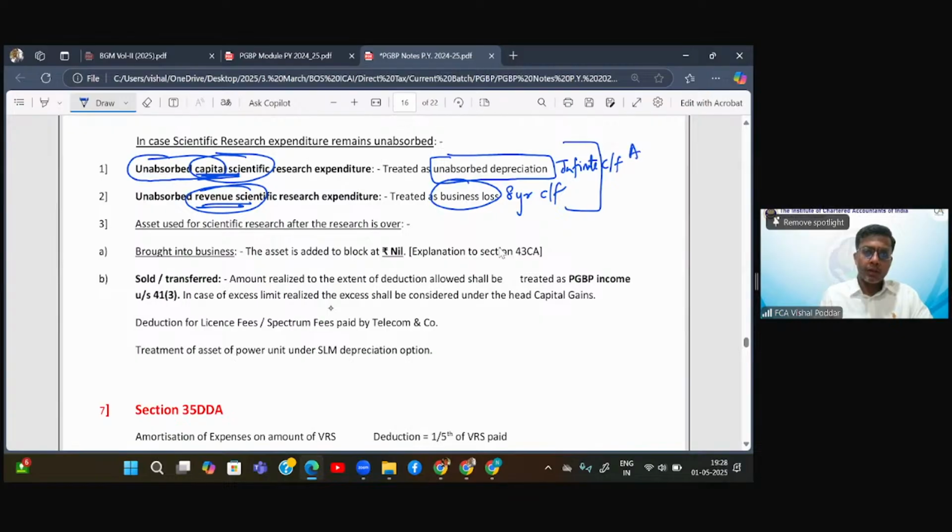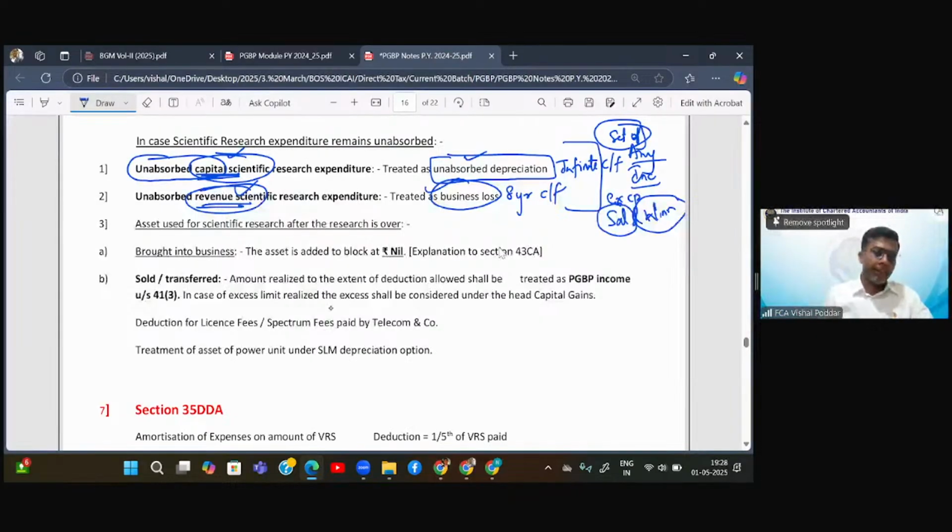You can set off both against any income except salary and winnings. So whether capital scientific or revenue scientific, that is, unabsorbed depreciation treatment or other business loss treatment, while setting off you can set off against any income, but you cannot set it off against salary and winnings.